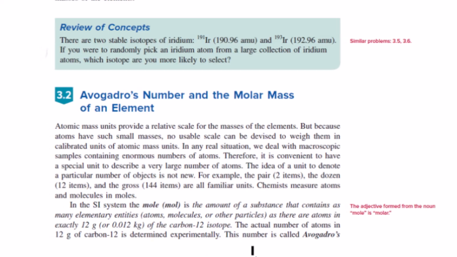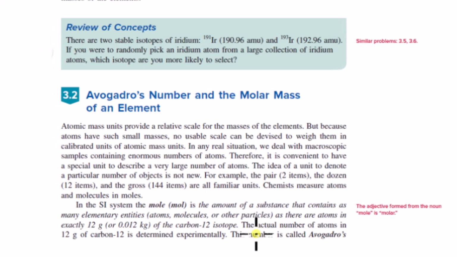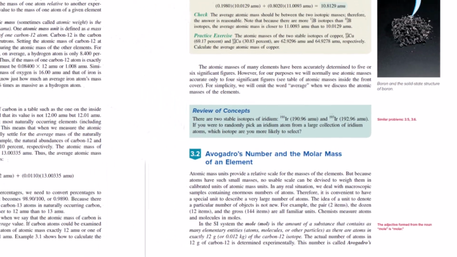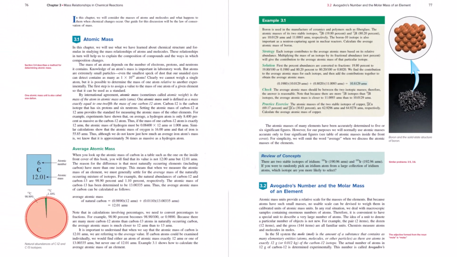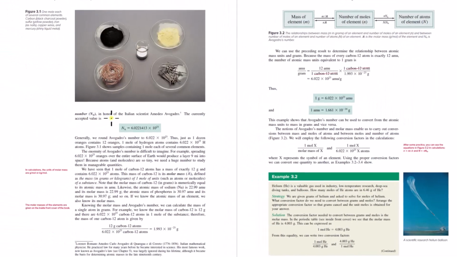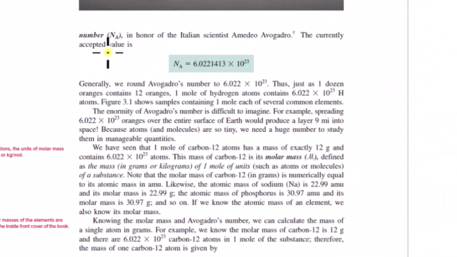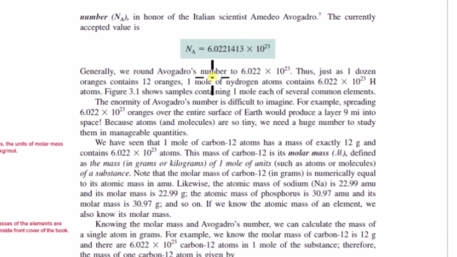So let's keep reading. The actual number of atoms in 12 grams of carbon-12 is determined experimentally. This number is called Avogadro's number in honor of the Italian scientist Amedeo Avogadro. The currently accepted value is here. Generally, we round Avogadro's number to 6.022 times 10 to the 23rd.